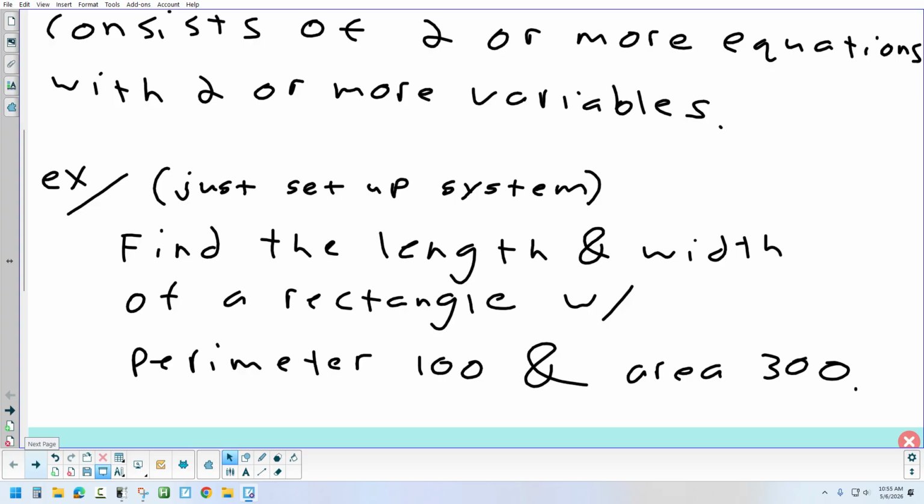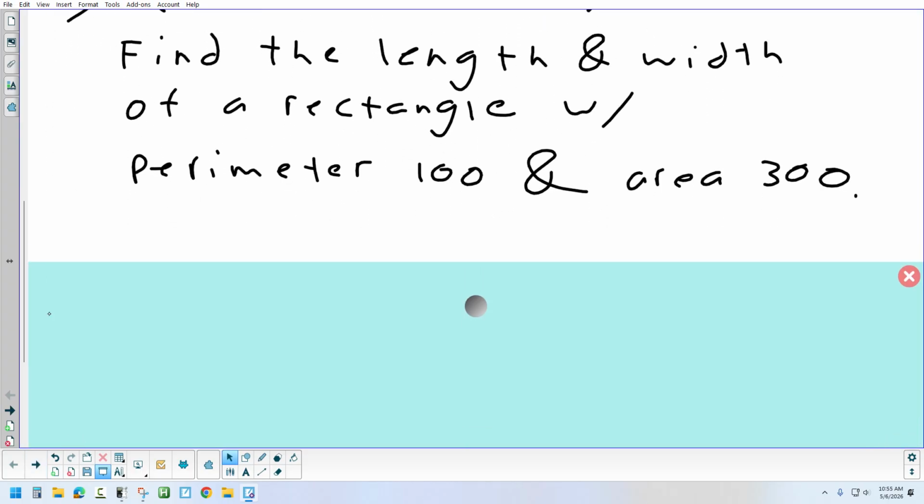I'm thinking one of the equations needs to contain a certain piece of information they gave us. Kylie, what's an important piece of information we're going to need? This is going to control the formula we have to figure out. The perimeter. Yeah, let's start with perimeter. So one of the equations is going to be for perimeter. You need to figure out the formula for the perimeter of a rectangle. Okay, so let's start with that.